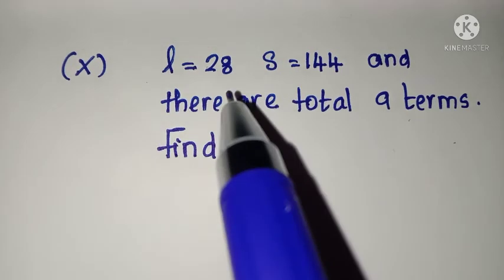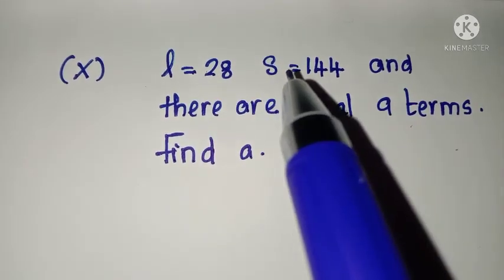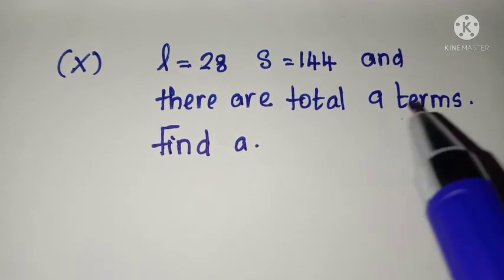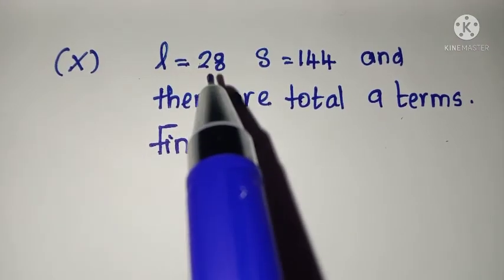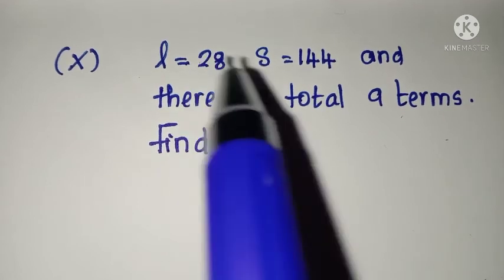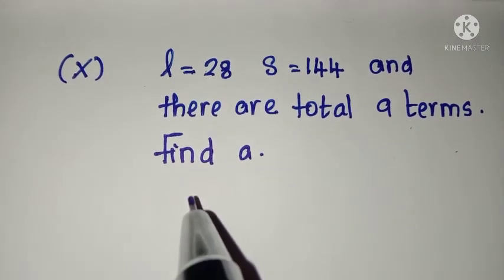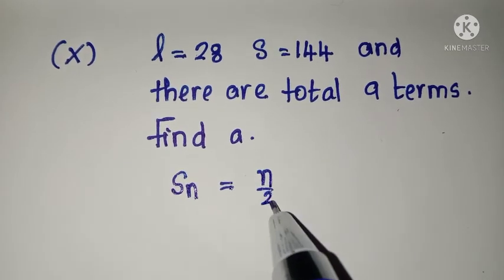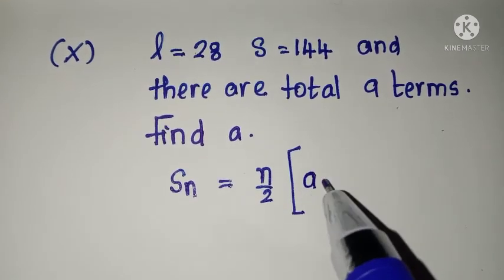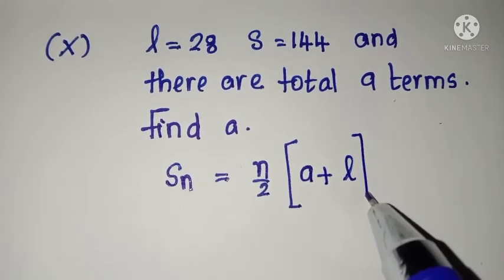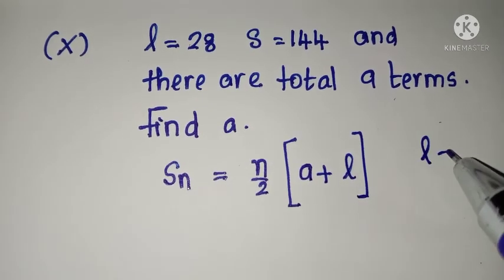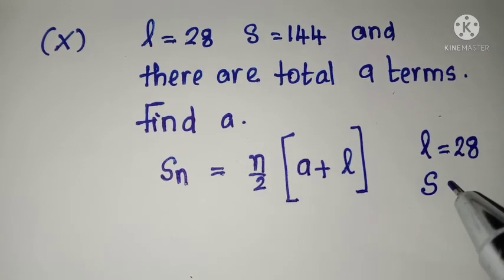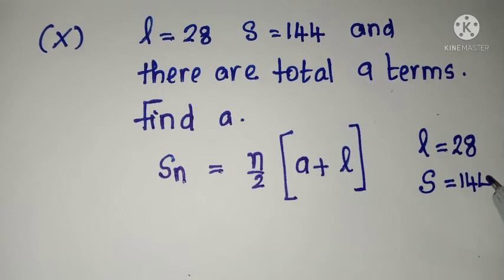Last sub question. L equal to 28, S equal to 144, and there are total 9 terms. Find a. So here the last term is given and we want to find the first term. So use the formula Sn equal to n by 2 into first term plus last term. Last term is 28. Sum is given, 144.